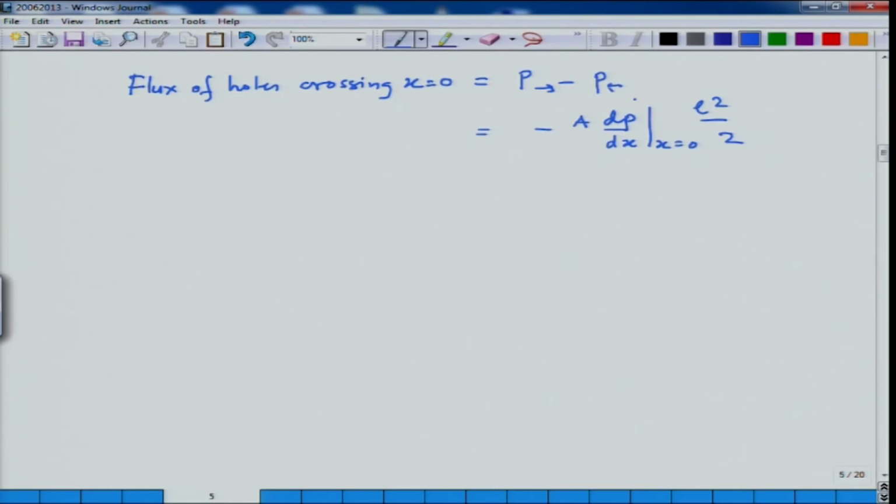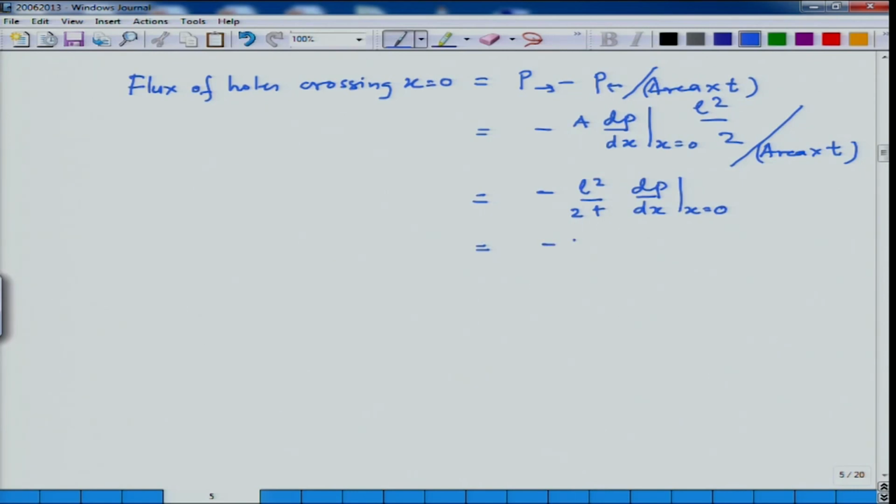And since we are looking at the flux, we should divide this by the area multiplied by the time that it takes. So, if I divide this by the area and multiply by the time, then we are looking at the expression L square by 2T dP dx at x equal to 0, and L by T is nothing but V bar.